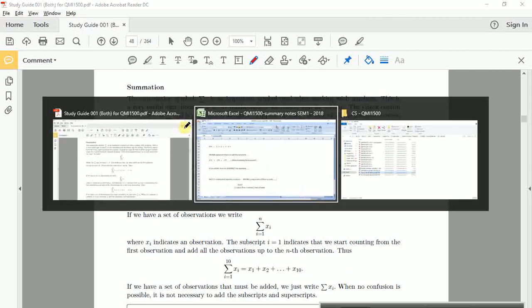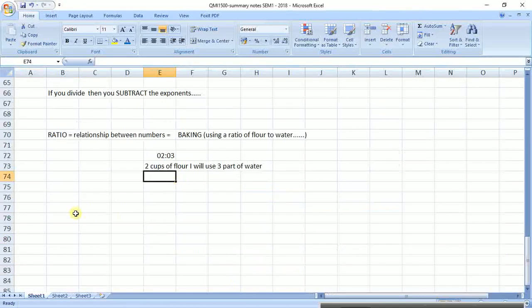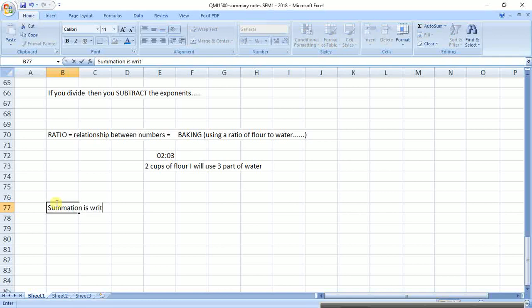I know you asked about this. Summation is writing down a formula for a series of calculations.